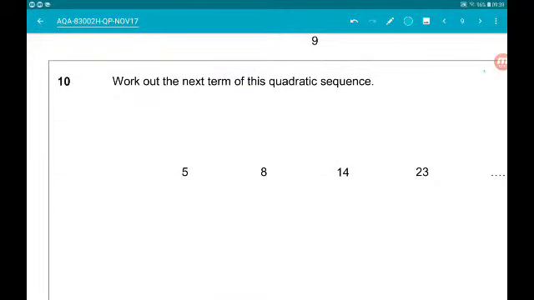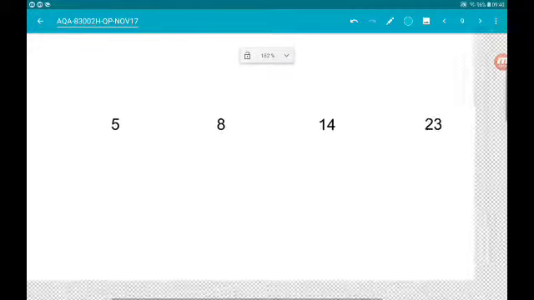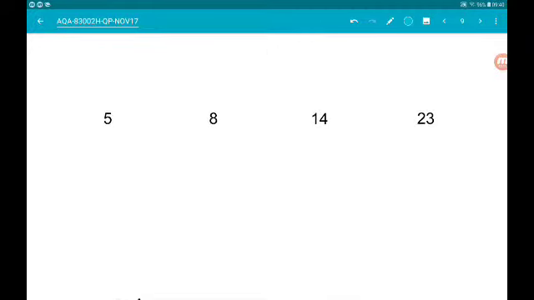Okay, question 10 wants us to work out the next term, not the nth term of this quadratic sequence. So, to do that, we need to have a look at what's going on. So to get from 5 to 8, we add 3.